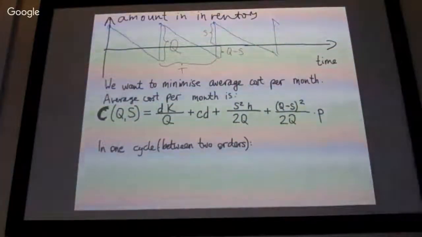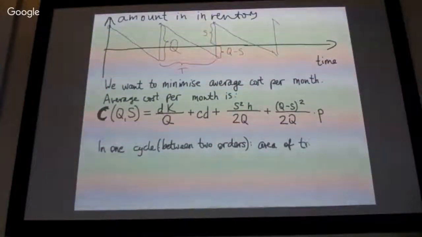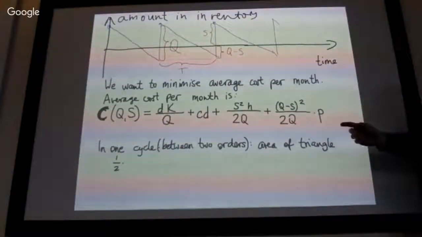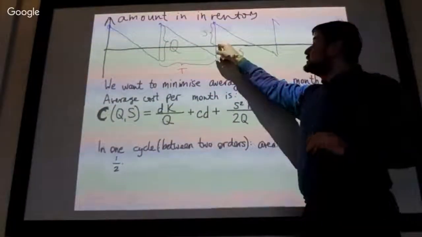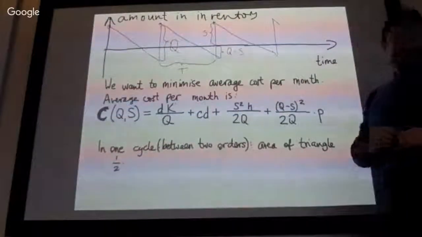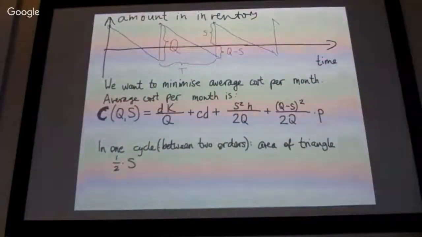And so the area of the triangle is 1/2. The right angle triangle has one side S, and the other side is S divided by D, because D is the slope of this curve.